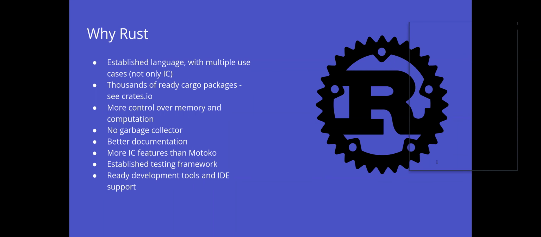In Motoko, you can assign variables as stable, but only basic variables can be assigned as stable. So for example, if you create an equivalent of a hash map, you cannot mark it as stable because Motoko doesn't know how to serialize it.